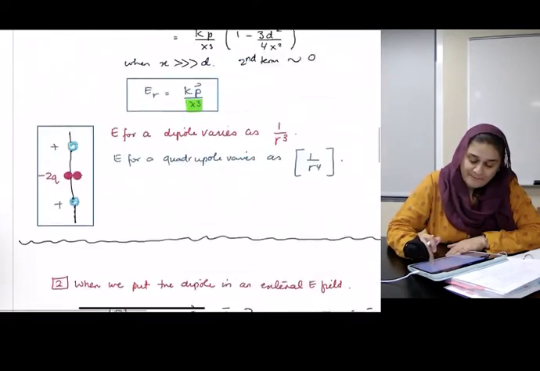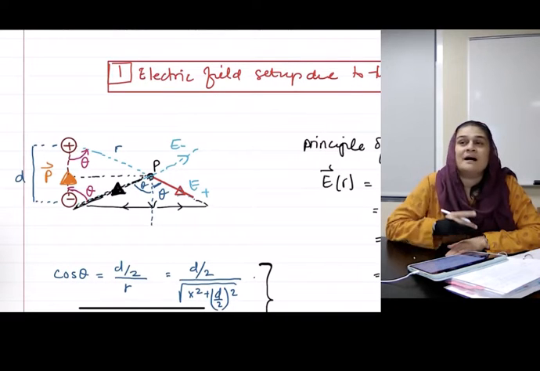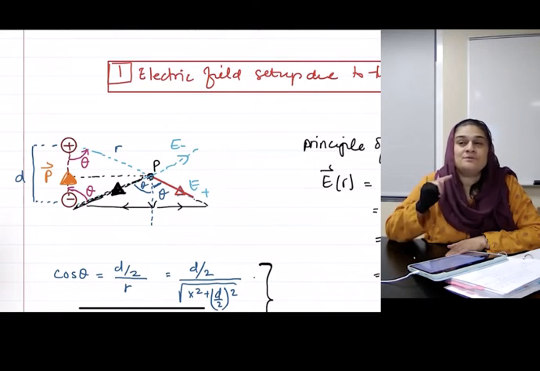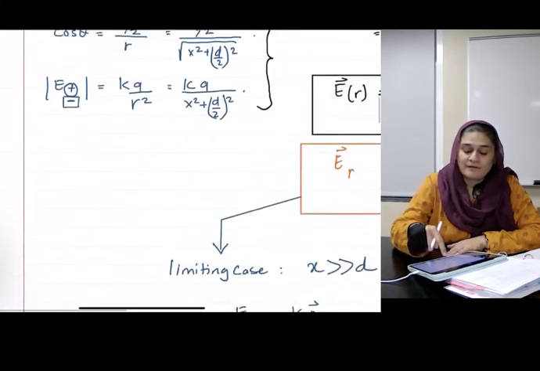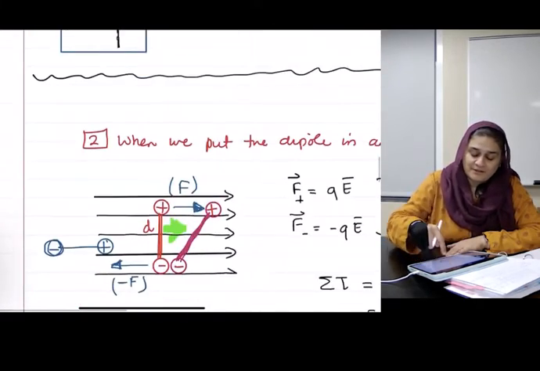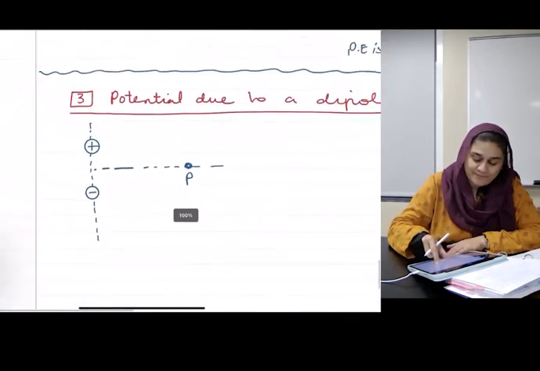Like, let me go back. Right here. Now, what happens if I do the same thing for potentials? Potentials are not vectors, yes? They are scalars. So what will happen if I do that here?